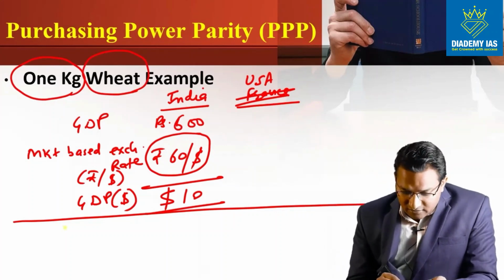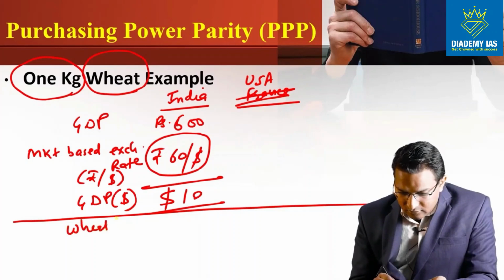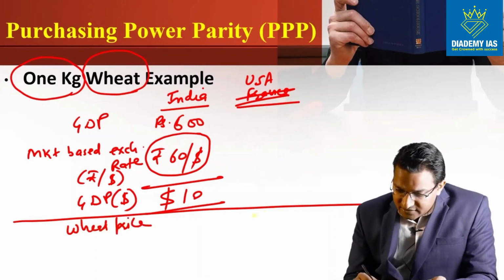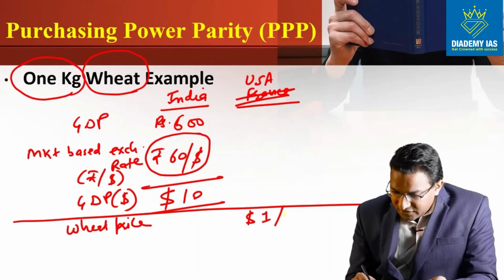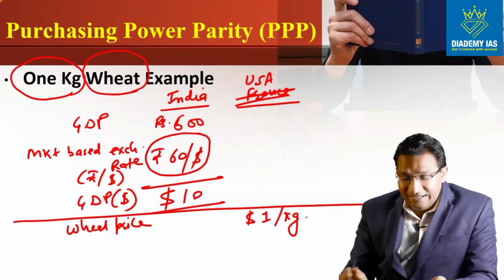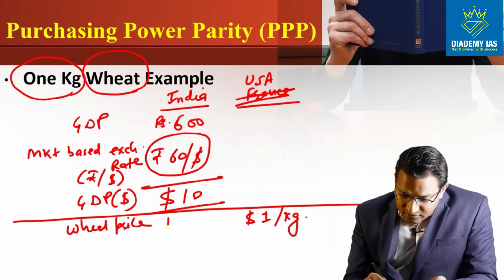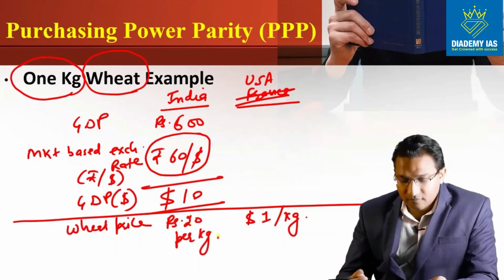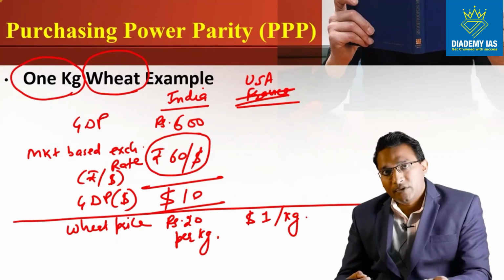In USA, the wheat price is $1 per kg, and in India, the wheat price is rupees 20 per kg, right?